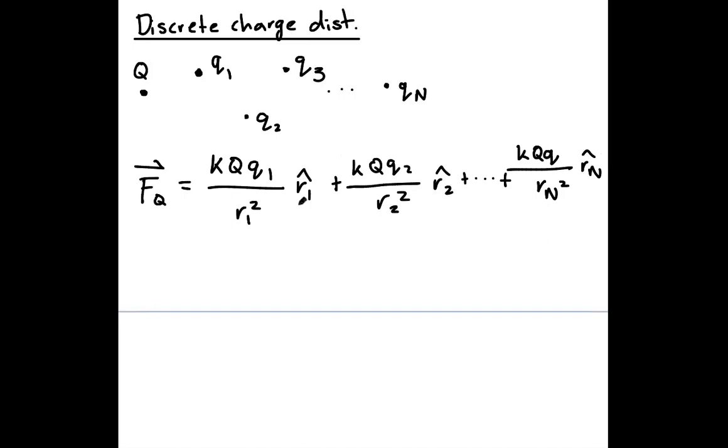And what this is known as is the principle of superposition. Once again, a very fancy statement, but it really just means that we take the forces as a result of each of these individual charges on Q, and we add them up together in order to find the net charge.